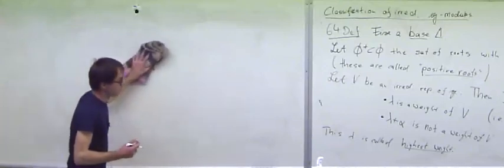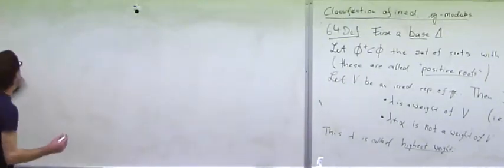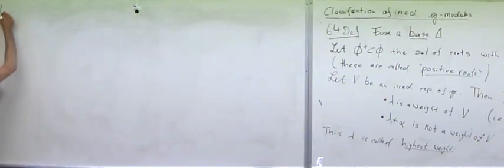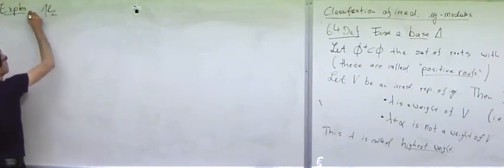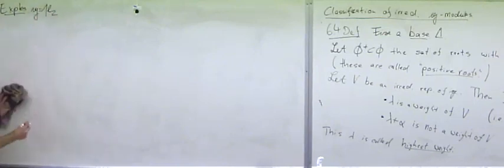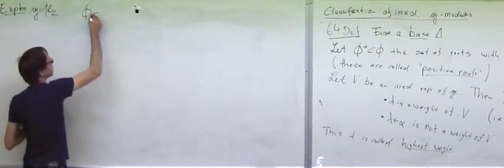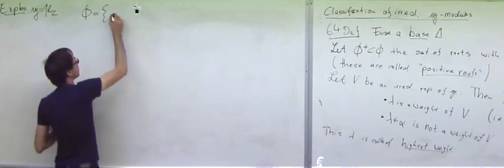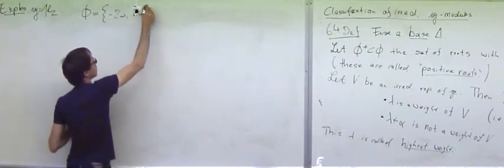Now maybe I just draw some more pictures so you have some pictures in your mind. Examples. So if our Lie algebra is SL2, what's the root system? That's minus 2 omega and 2 omega.